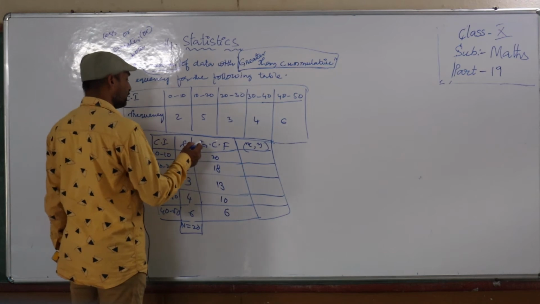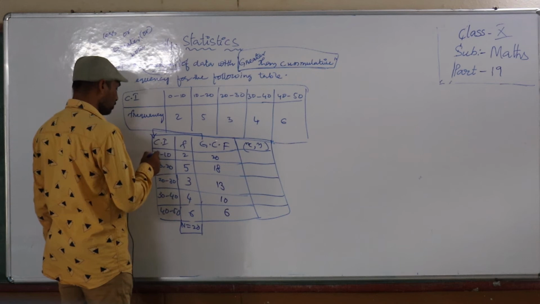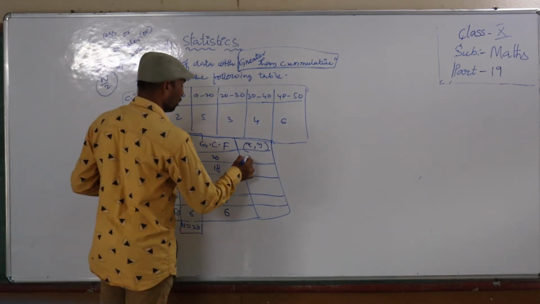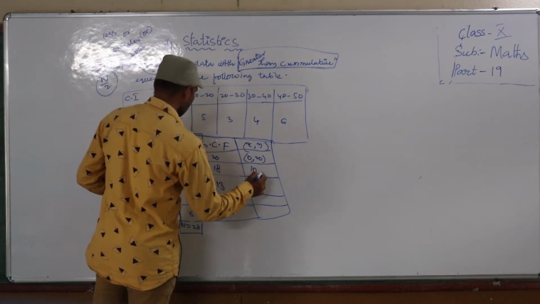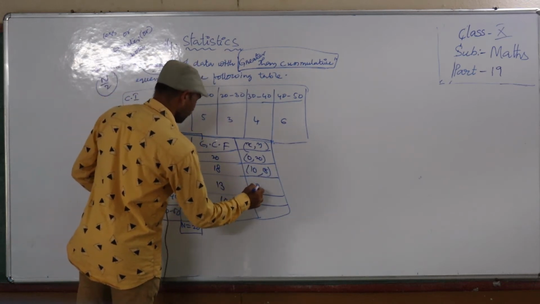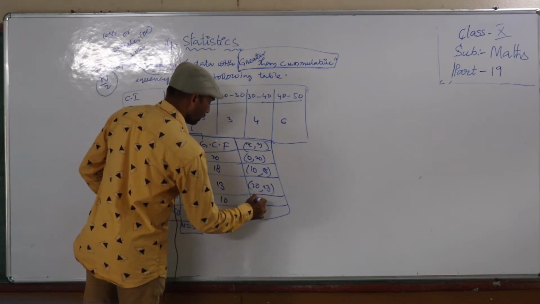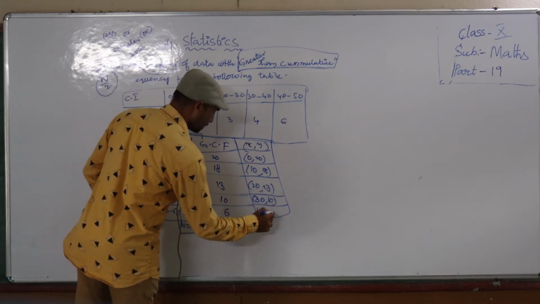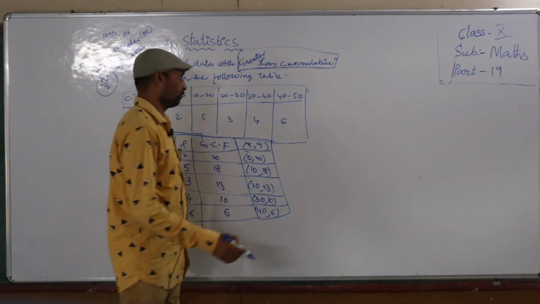When we are taking the greater than cumulative frequency, we should take the lower limits. So the points are 0, 20; 10, 18; 20, 13; 30, 10; 40, 6. These points we have to plot on the graph.